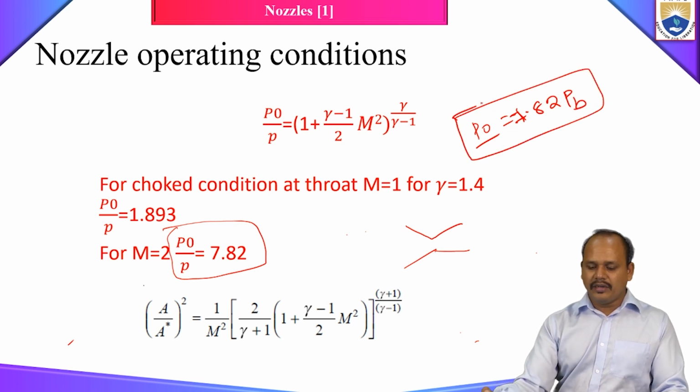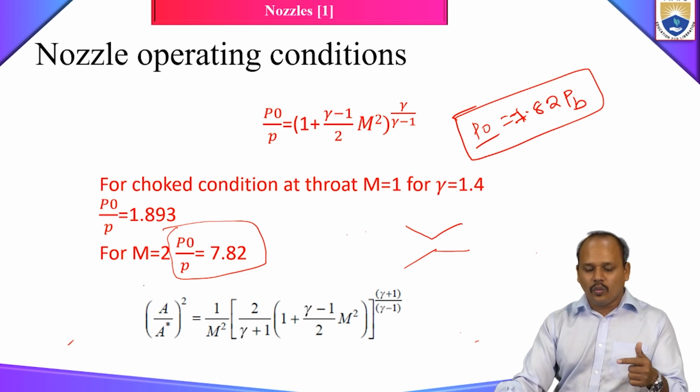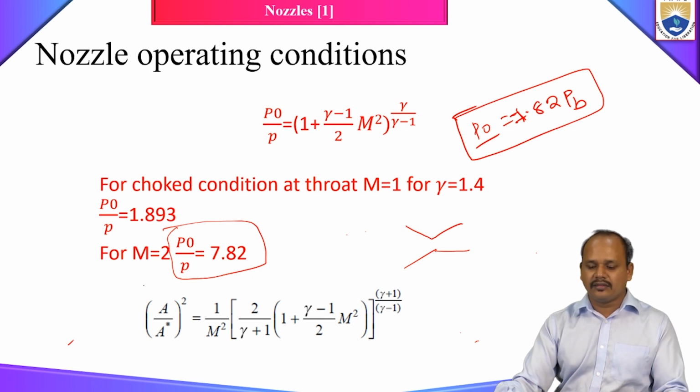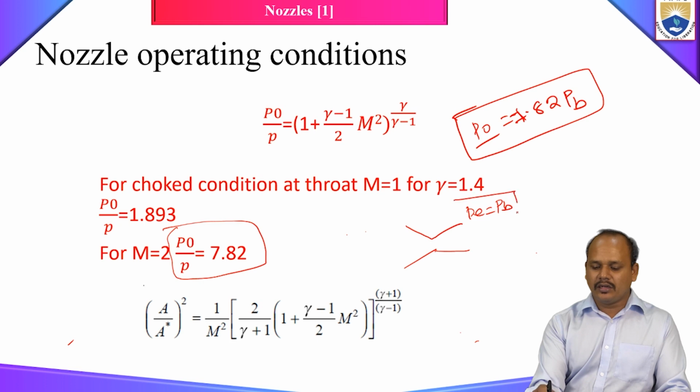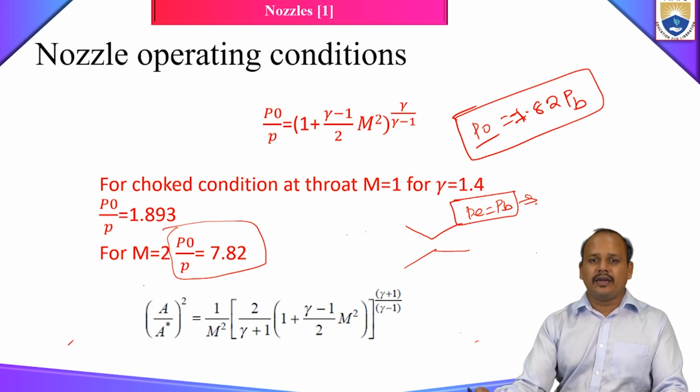Okay, so what that means is that if I have a convergent divergent nozzle which is designed for Mach number 2, it is going to operate under the correctly expanded case or design case if my P naught is 7.82 times my back pressure. So only for that 7.82, we will have P equal to PB. This is what we call the correctly expanded case or design case.